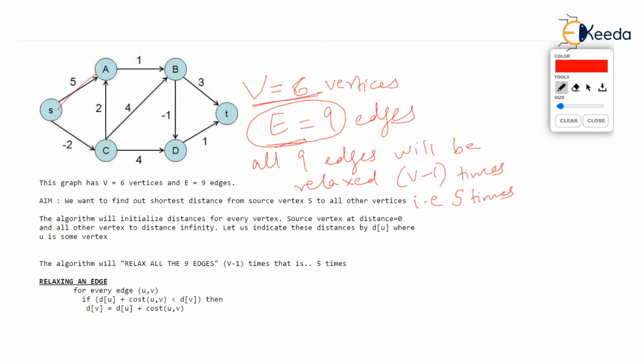We'll relax each and every edge, correct? Then we will get some result. And then we will again relax all these edges. And again, we will do this v minus 1 times. That is 5 times. And after doing relaxation of all the edges for 5 times, we will get all shortest distance from S, the source vertex, to all other vertices.